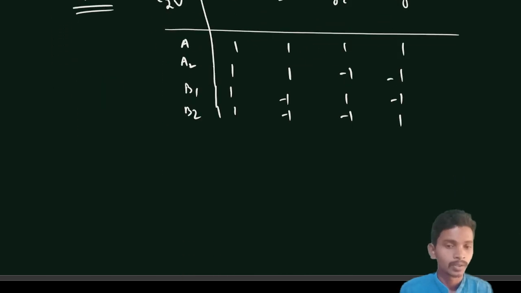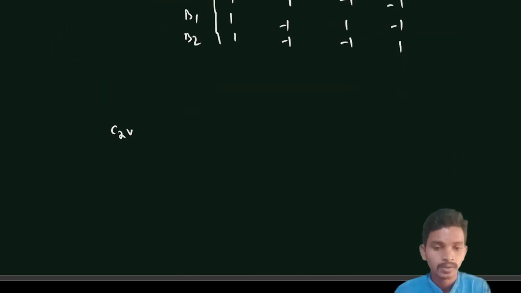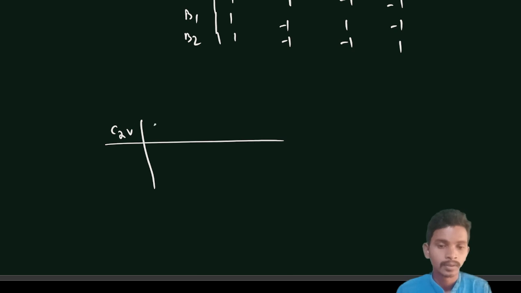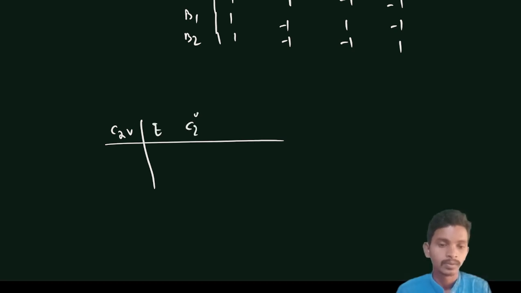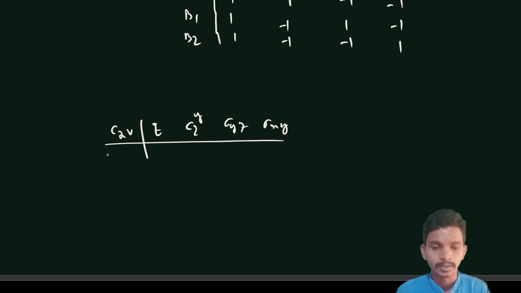And that reducible representation of C2v is also given: E, C2(y), sigma YZ, sigma XY, and the characters of the reducible representation of 3n coordinates are given to you. This will be how much? 9.